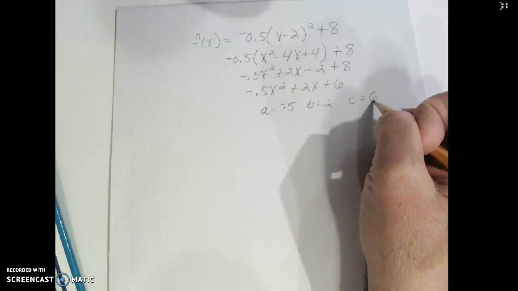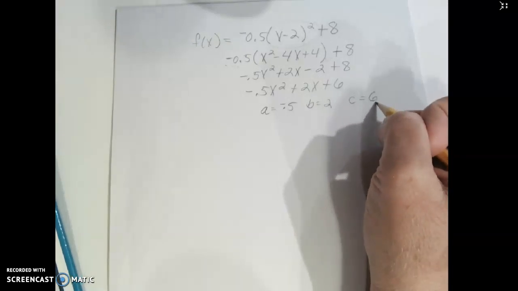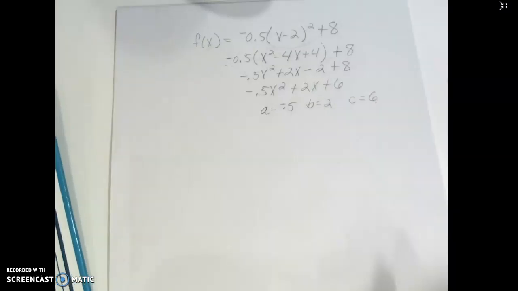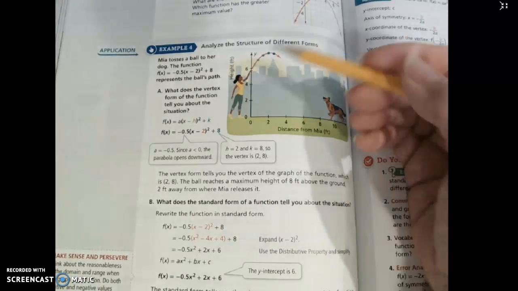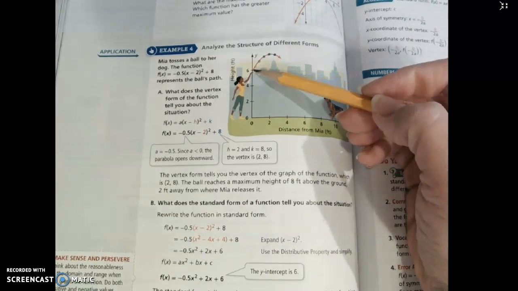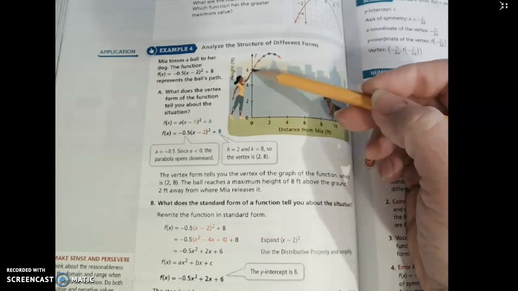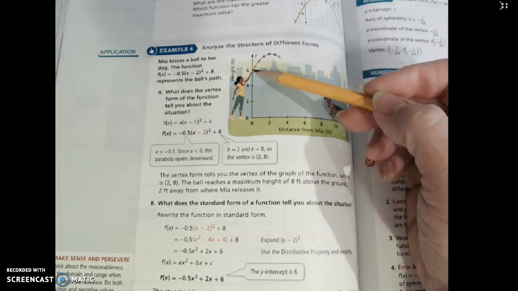When we're looking here, remember, c would tell us where it crosses the y-axis. I'm going to bring the book back so I can point to the picture. This c tells us where it hits the y-axis. That's at 6 feet. That means that when Mia released it, her hand was 6 feet up in the air. She's not 6 feet tall, but this is where she let go of the ball.